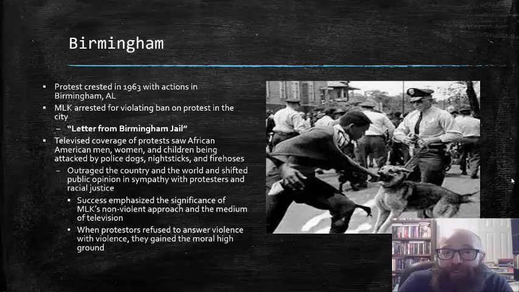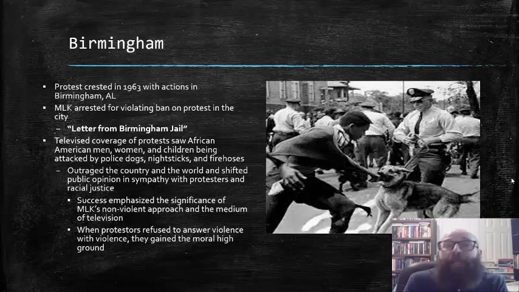While incarcerated in Birmingham, he wrote his famous Letter from a Birmingham Jail, probably one of his most famous written works, which served as a manifesto, if you will, for his nonviolent approach to the civil rights movement. This document really thrust MLK front and center in the larger civil rights movement nationally.